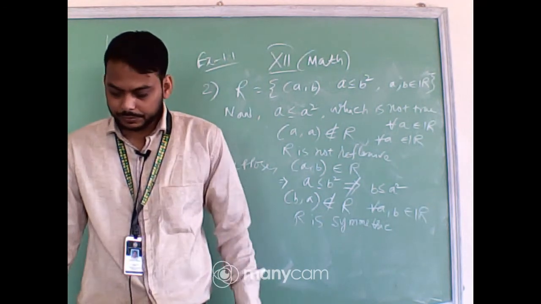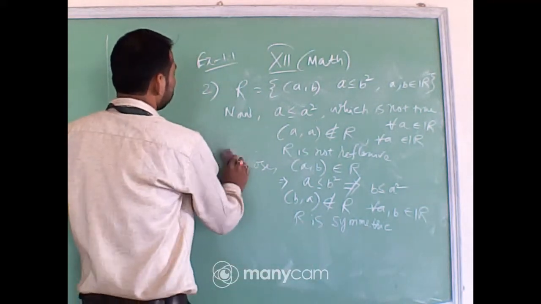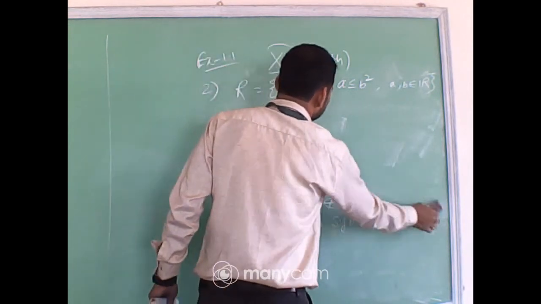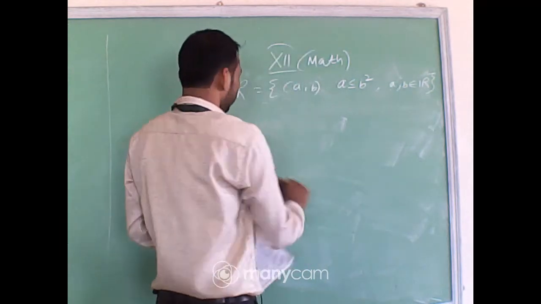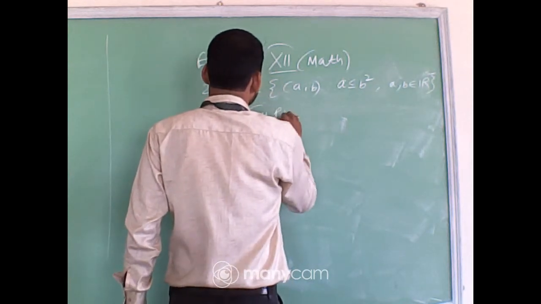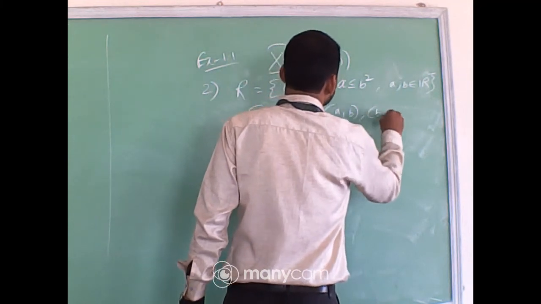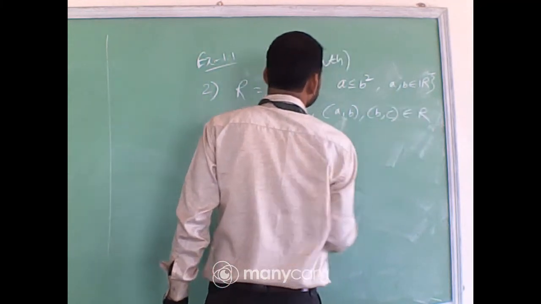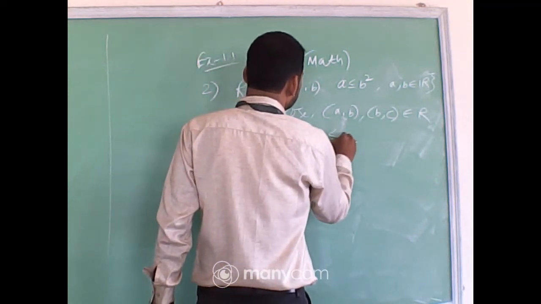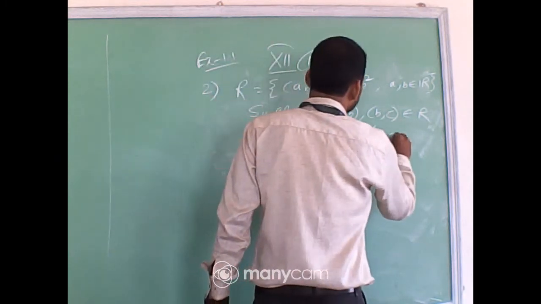Okay. Now check the transitive property. Suppose (a, b) and (b, c) belong to R. Therefore, a ≤ b² and b ≤ c², which does not imply a ≤ c².